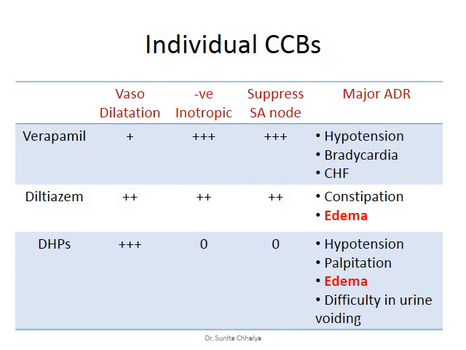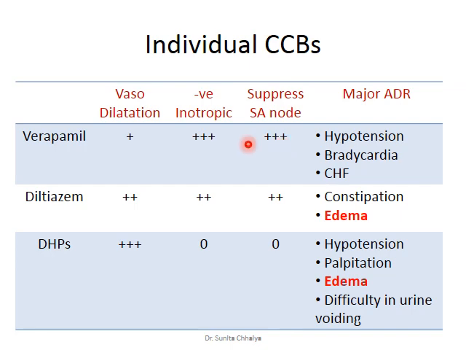This is again just a brief revision of their action on vascular smooth muscle and cardiac tissue, along with the adverse drug reactions. So verapamil, their primary action, they produce more negative inotropic effect as well as a suppression of SN node activity, and due to that there is a reduction in automaticity.